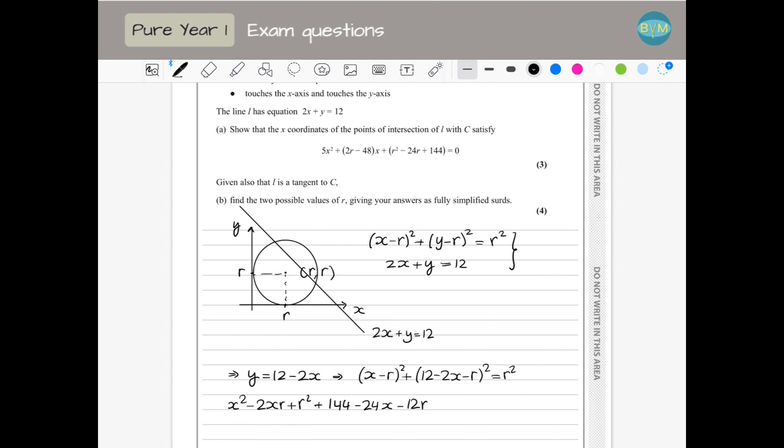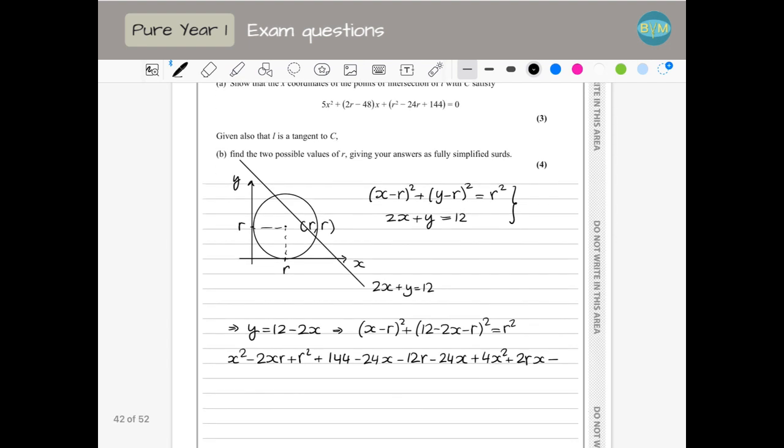Then with the minus 2x, times 12 is minus 24x, times itself is 4x squared, and minus 2x times r is minus 2rx. Then I multiply the minus r by everything else: minus r times 12 is minus 12r, minus r times minus 2x is plus 2rx, and then plus r squared. All this is the bracket expanded, and it is equal to r squared.